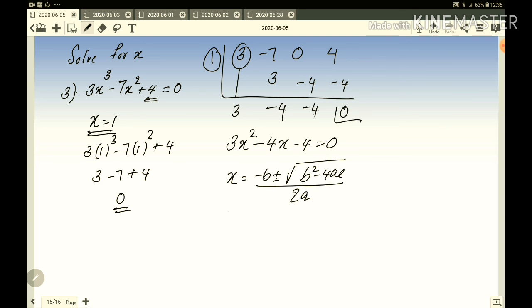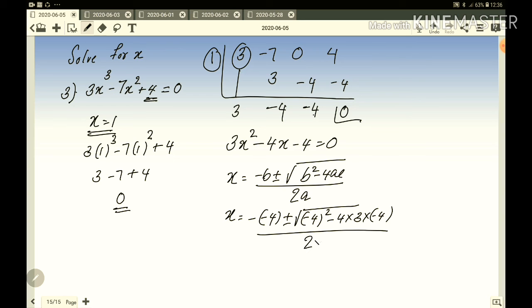Clear? That is x is equal to minus b, which is what? Minus 4, plus or minus square root of b squared, which is minus 4 whole squared, minus 4 times a, which is 3, times c, which is minus 4, all divided by 2 times a, which is 3. Now simplify it. Minus minus 4 is plus 4, plus or minus square root of this one.